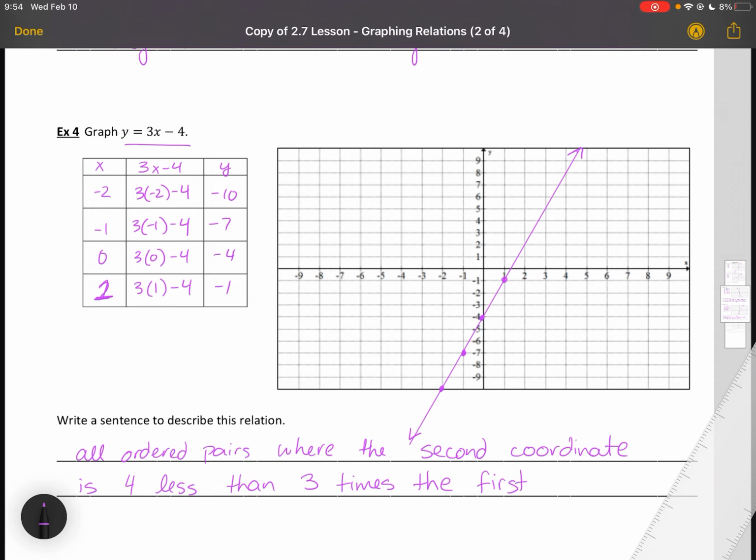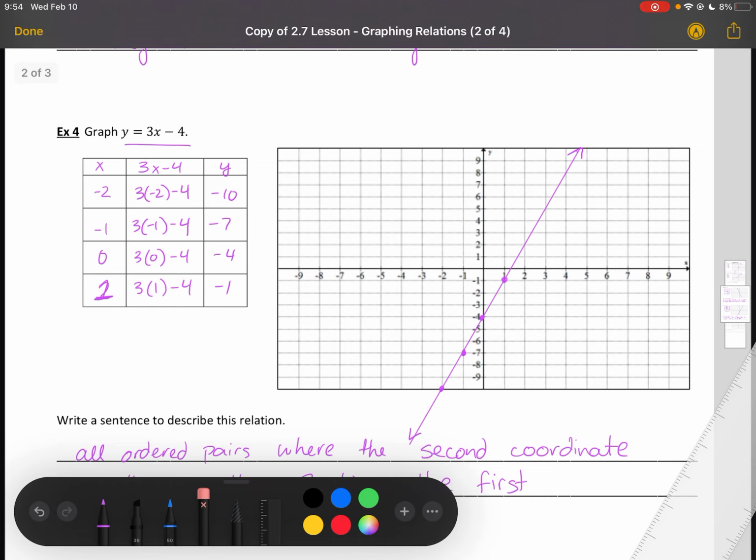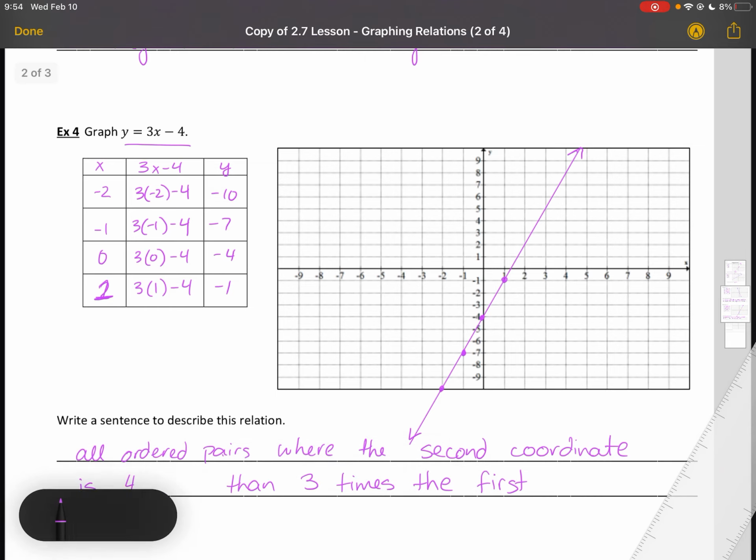Does that make sense? Where the second coordinate is 4 less. I think I want to say more here instead. So all ordered pairs where the second coordinate is 4 more than 3 times the first. So that makes sense with what I have up here.